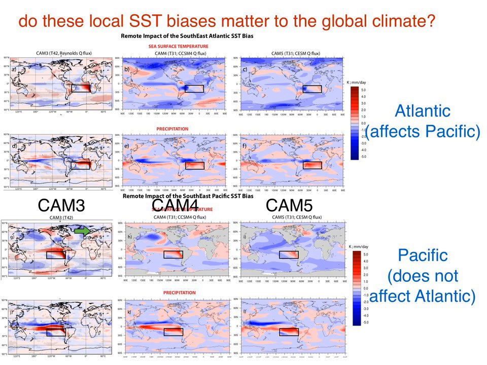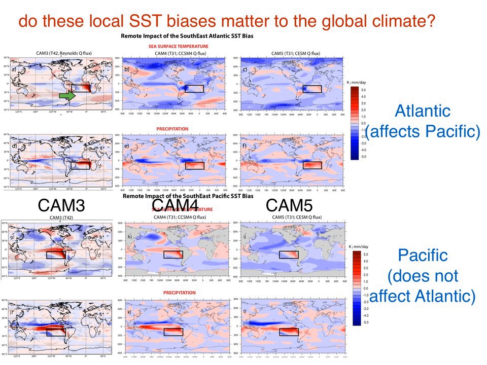So these are for 3 models, the CAM 3, 4, and 5, and the top 6 plots are for the Atlantic and the bottom for the Pacific. I know these are a little hard to read. The way that these were done was by setting the Q fluxes, the internal oceanic heat transports, to 0 in the indicated boxes, and then seeing how the model evolved.